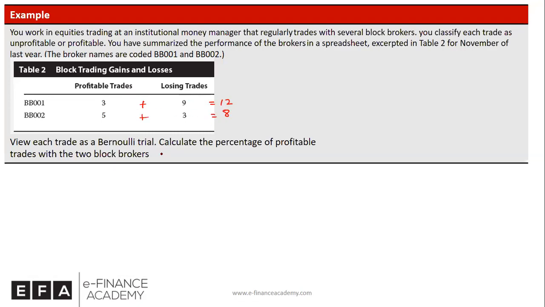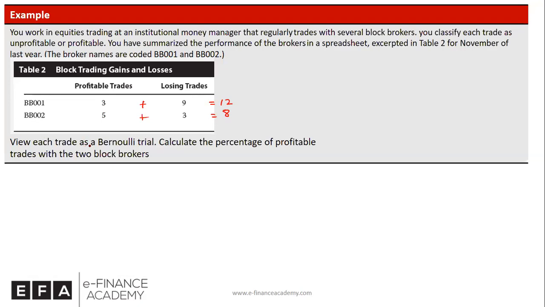So the total number of trades executed through the second broker is around 8. So if you view each trade as a Bernoulli trial, which means each trade is either a success, so you might label it as profitable, or it could be classified as a failure, which is a losing trade.